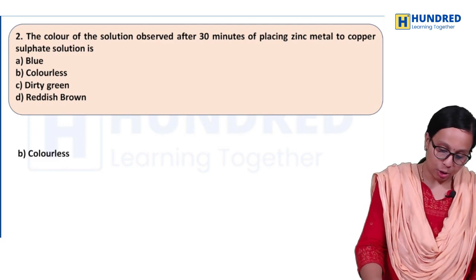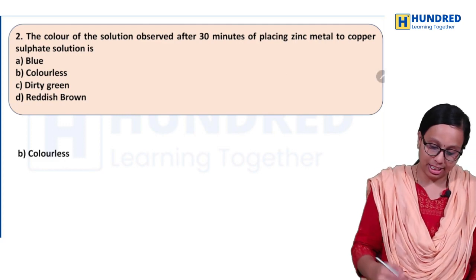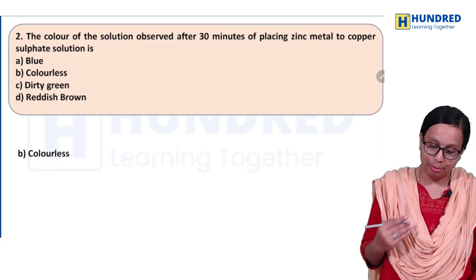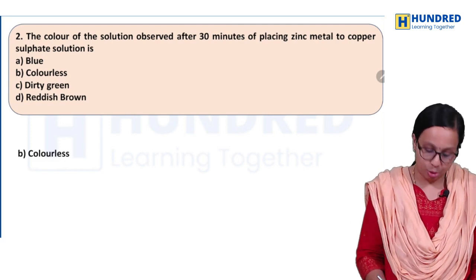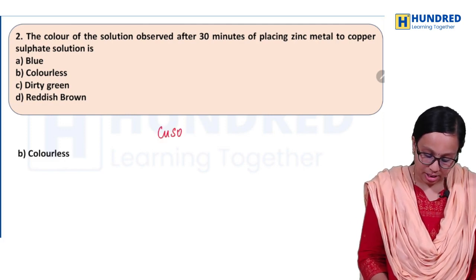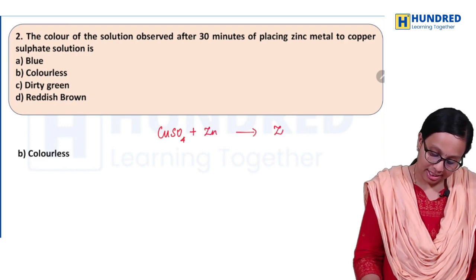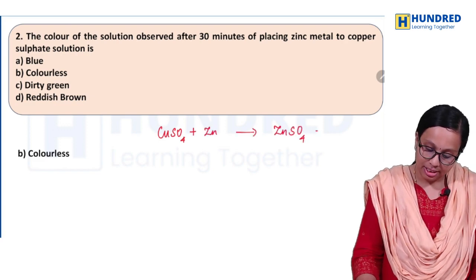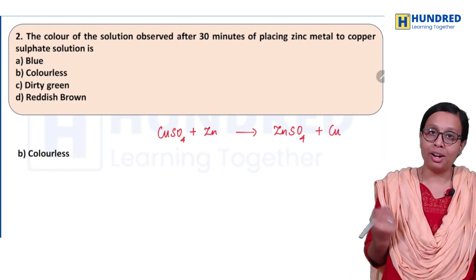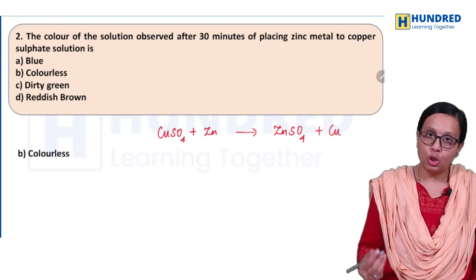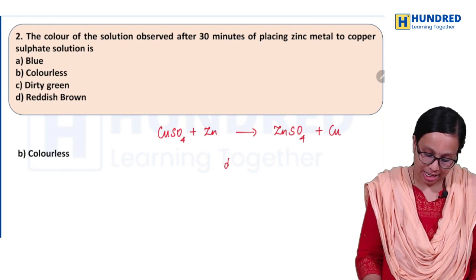The color of the solution observed after 30 minutes of placing zinc metal in copper sulfate solution is? You're taking copper sulfate and adding zinc, and you get zinc sulfate plus copper. The reason is zinc is more reactive than copper. So here a displacement reaction is taking place.